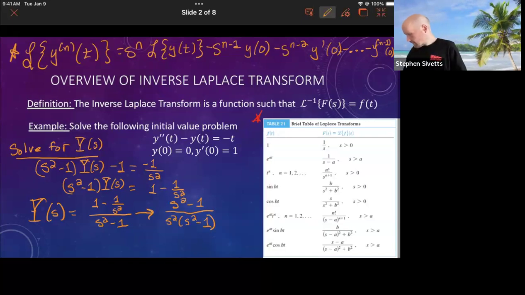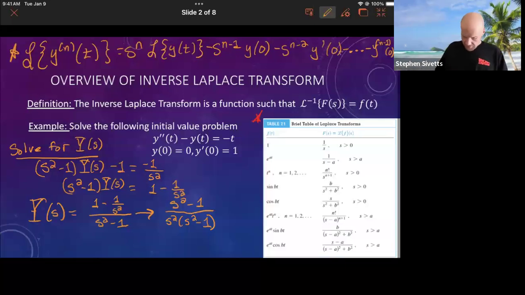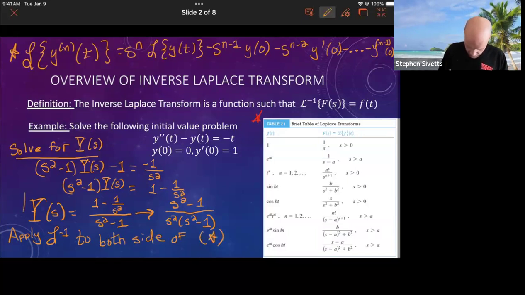Now, from here, the next step is to apply the inverse Laplace transform to both sides of equation star. So this equation right here.